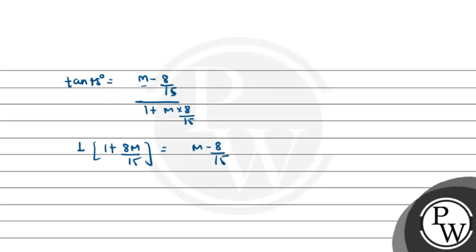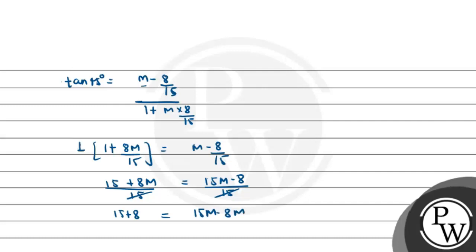Okay, so after solving this we can write (15 plus 8m) upon 15 is equal to (15m minus 8) upon 15. 15 cancelled by 15, so from here we can write 15 plus 8 is equal to 15m minus 8m.